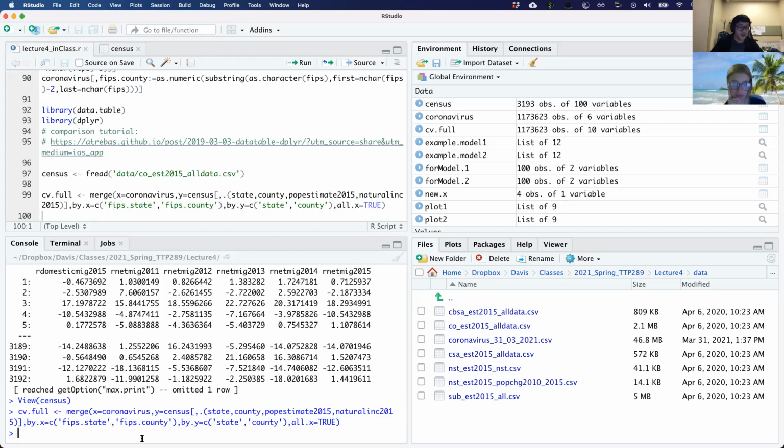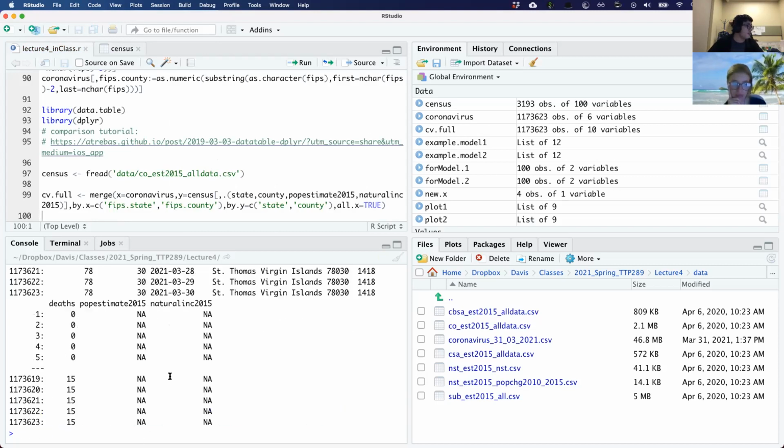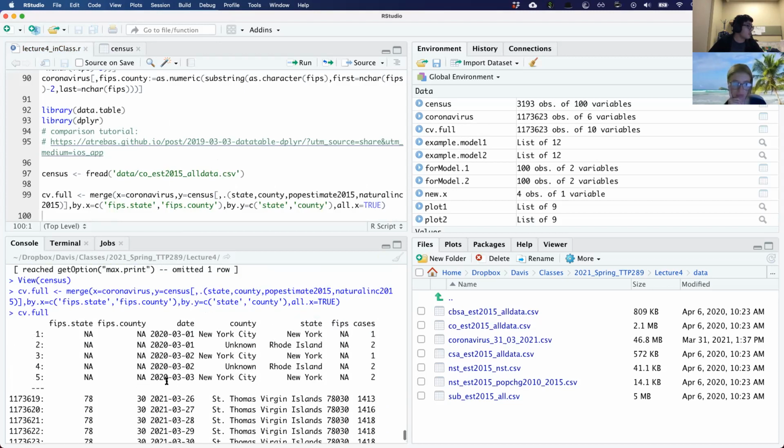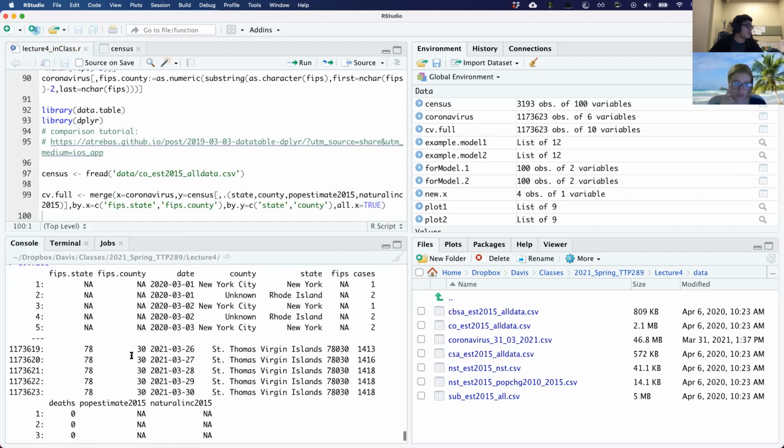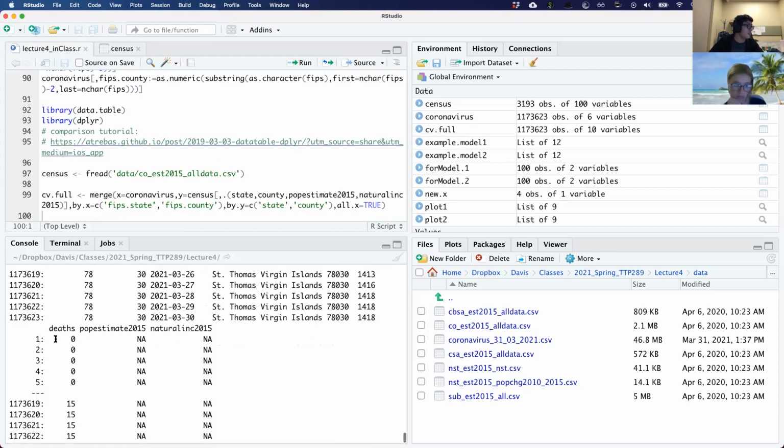And we should now have all the matches of the state and county alongside the number of cases and deaths, as well as the population estimates and income.